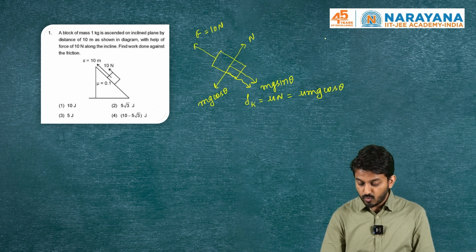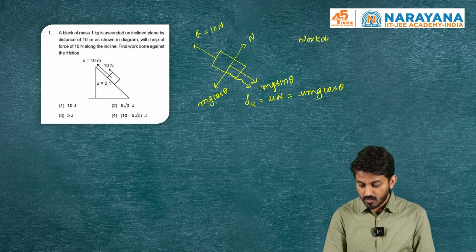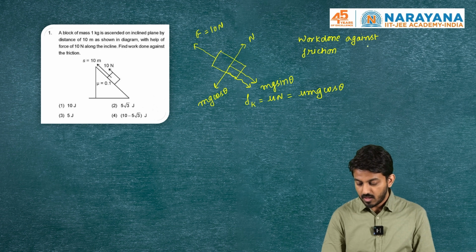Now, work done against friction is equal to negative of work done by friction.